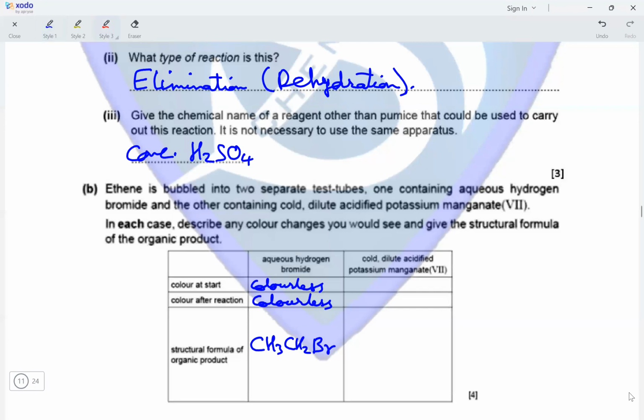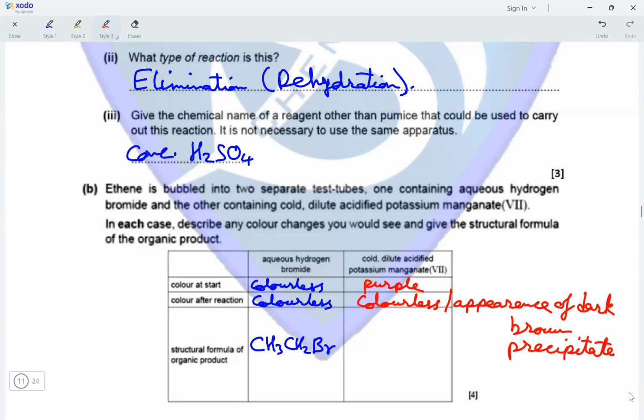And with cold dilute acidified potassium manganate 7, color at the start would be purple. Color after the reaction would be, we'll have two particular colors that can happen. We can either have a colorless solution or we can have appearance of dark brown precipitate.